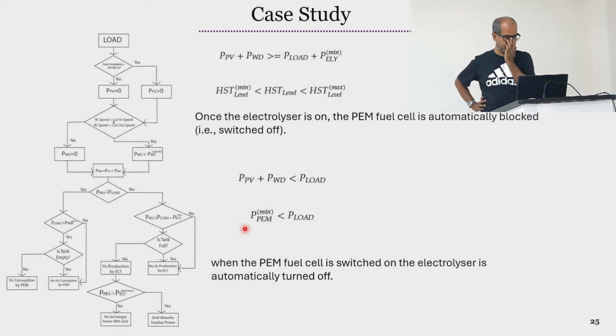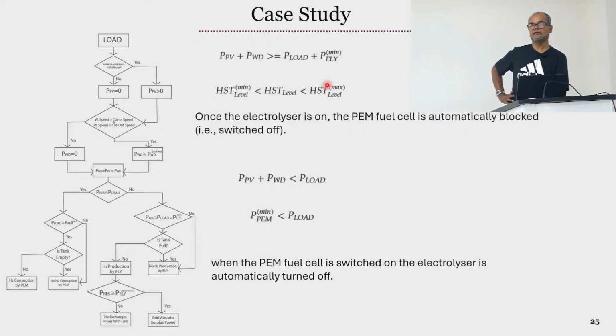This is given by a simple rule based control, depending on the power coming from PV, the power coming from the wind turbine, and the system load, and because the electrolyzer is also a load, right. By combining those things, and then the state of your hydrogen storage, because storage always has a minimum and maximum, right.